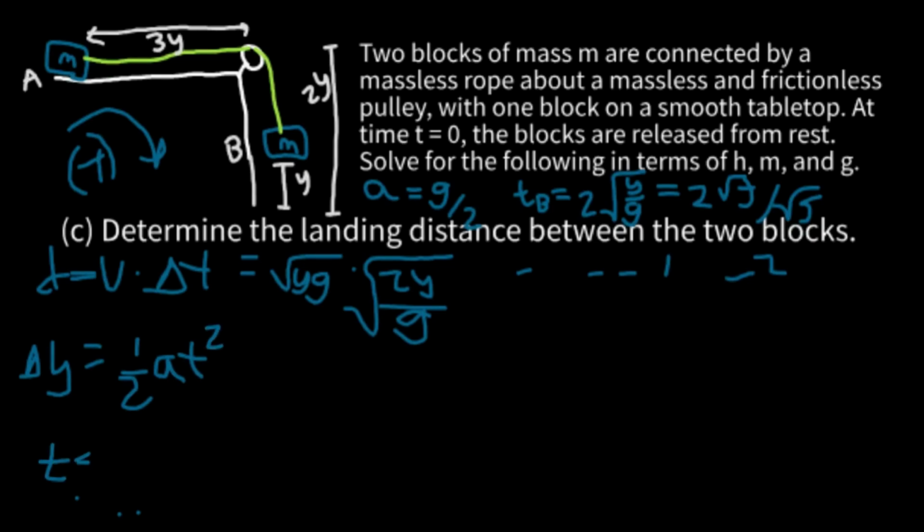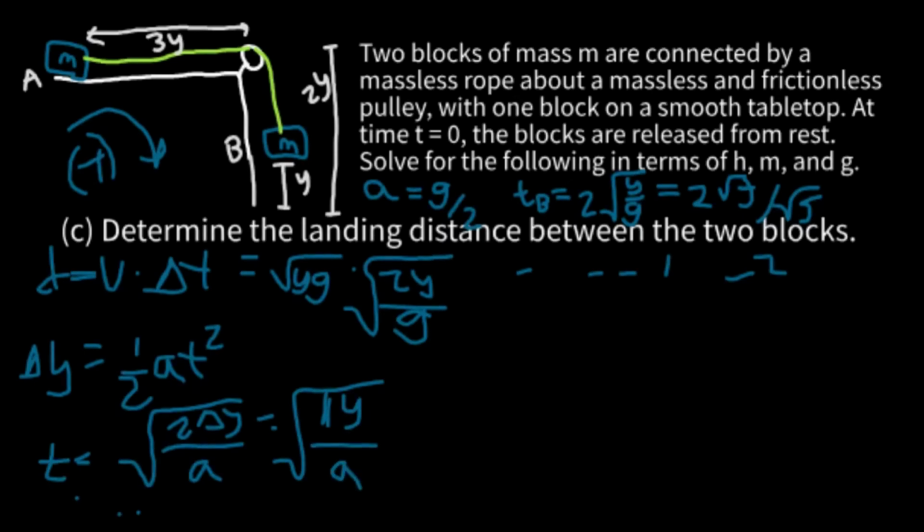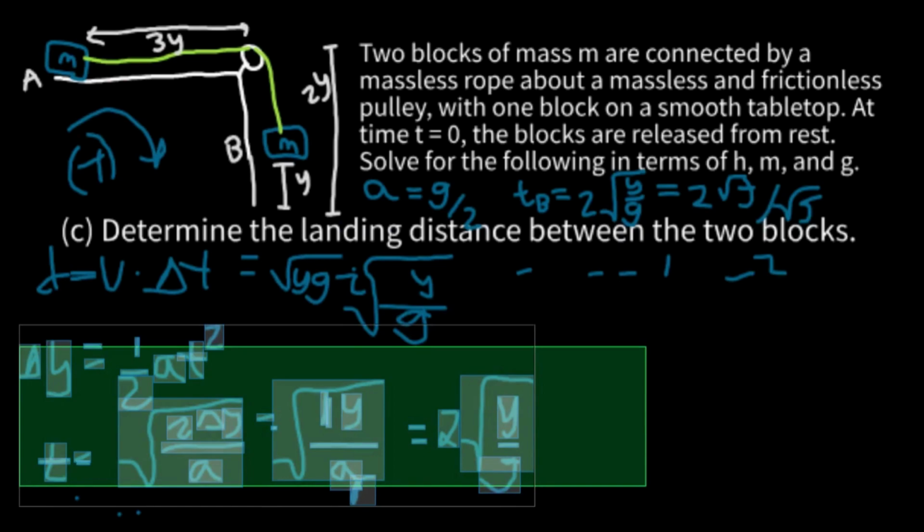T equals the square root of 2 change in y over a, and that's equal to the square root of 4y over g, because our change in y is 2y divided by a. Alright, and that gives 2 square roots of y over g. So this 2 should be outside of the square root. And then clean up a little bit.